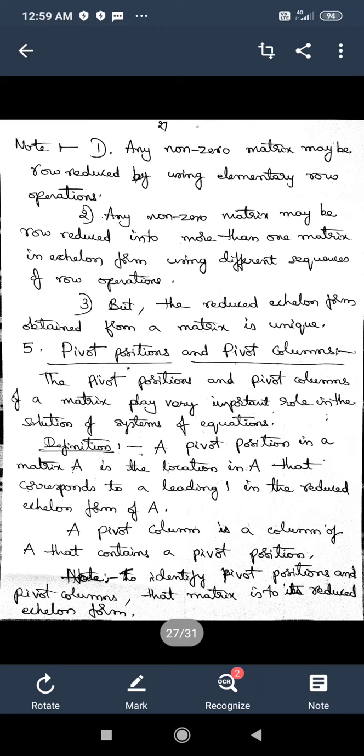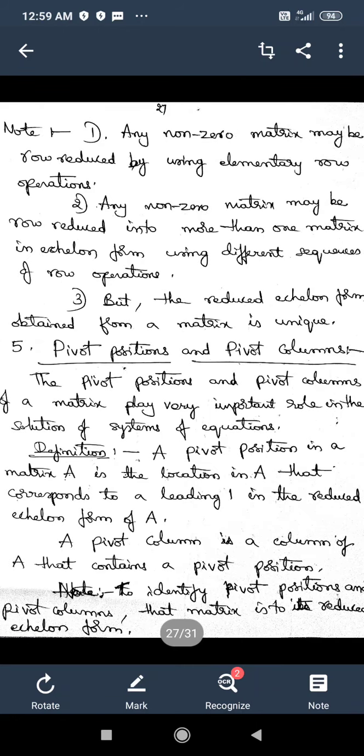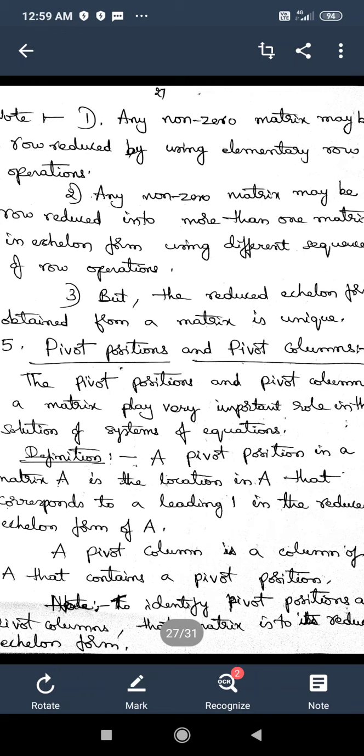The second note point says that any non-zero matrix may be row reduced into more than one matrix in echelon form using different sequences of row operations. So a single matrix can be changed into different echelon form matrices using different sequences of row operations.